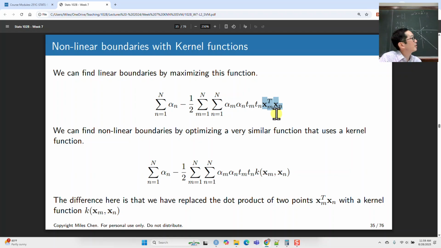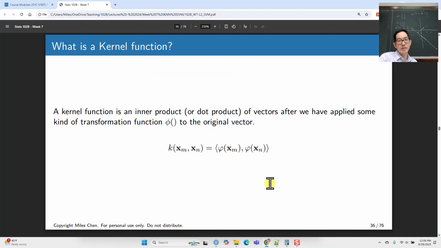So if you have 20 points, you're going to find 400 of these things, right? All 20 for M and all 20 for N, okay? And we have to figure out what our appropriate alphas are. So anyway, this goes there, and we're just going to replace it with this kernel function K, okay?